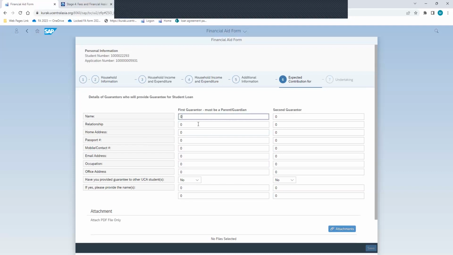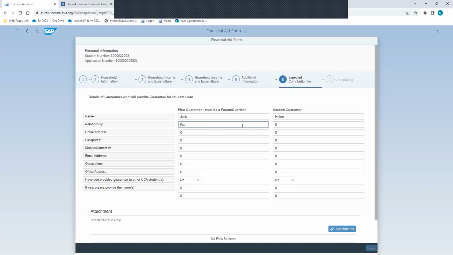In advance, we are requesting you to write down 2 names. First guarantor should be a parent, surely. So in my case, it is Jack, the father. Second guarantor might be an aunt or someone else, but I'm just writing down that it is a mother also.